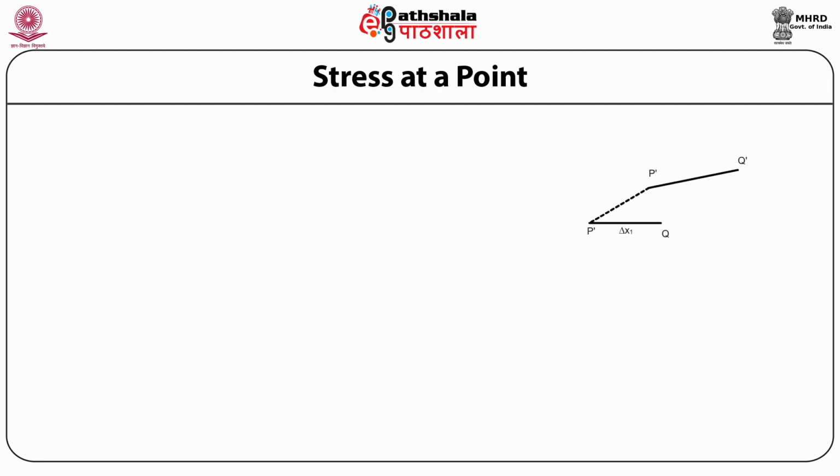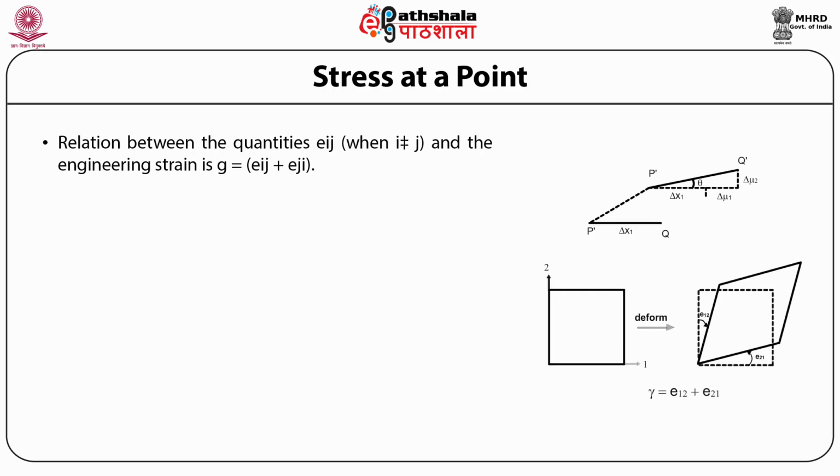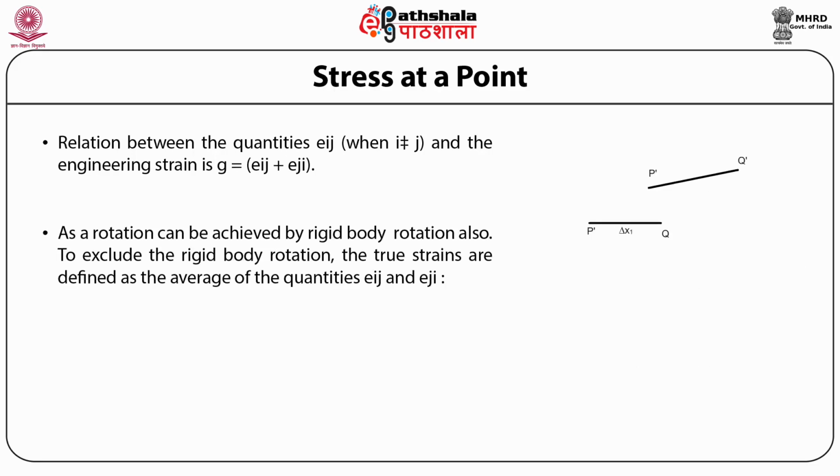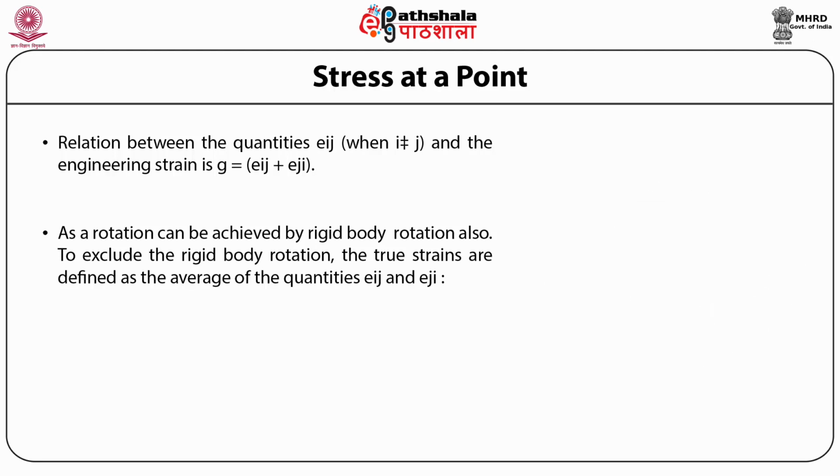So in general, the element Eij denotes rotation towards i of axis j. As a rotation can be achieved even by a rigid body rotation and not only by deformation, the quantities Eij include the rigid body rotation also and the rotation by deformation only.